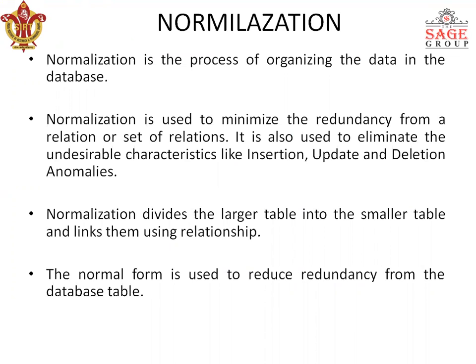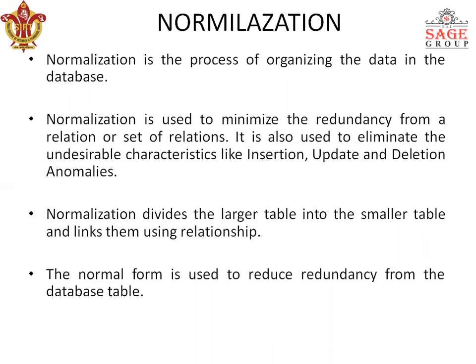It is also used to eliminate the undesirable characteristics like insertion, deletion, and updation anomalies. Basically, normalization divides the large table into smaller tables and links them using relationships. The normal form is used to reduce the redundancy from the database table.